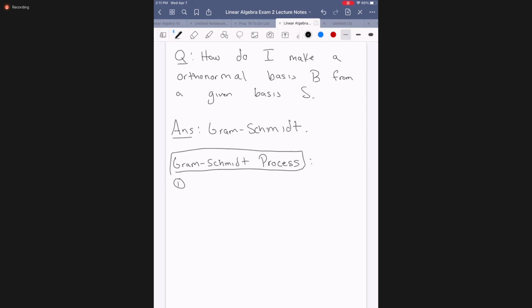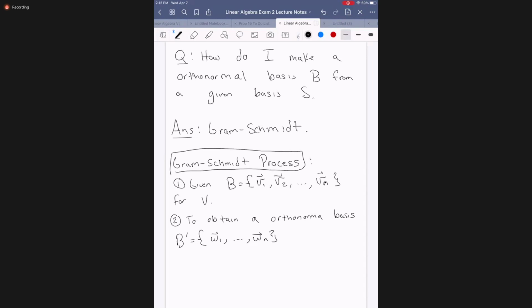Okay, so what do you do? Well, given B equals some basis elements, say V1, V2, all the way to Vn, for a vector space V, to obtain an orthonormal basis B prime, which we'll call W1 all the way through Wn, you just do this.